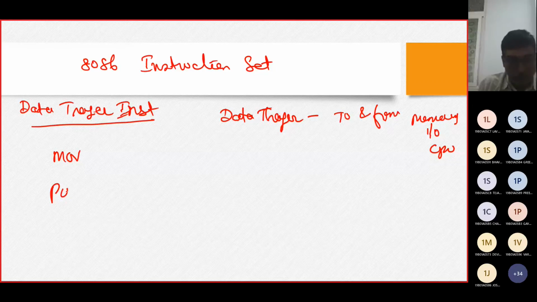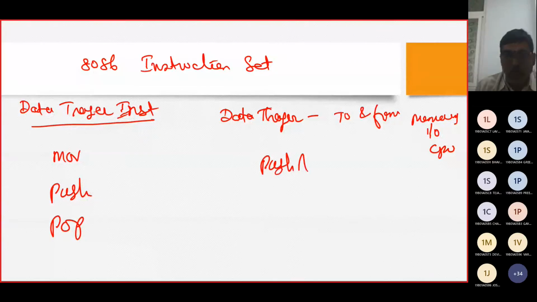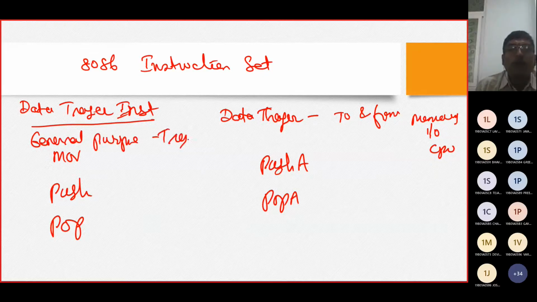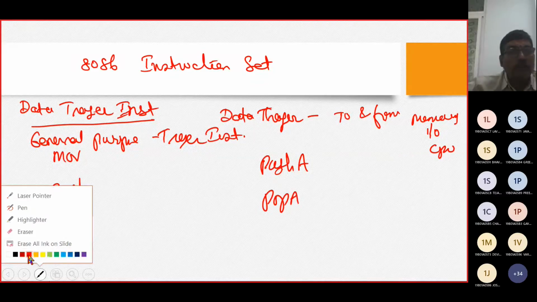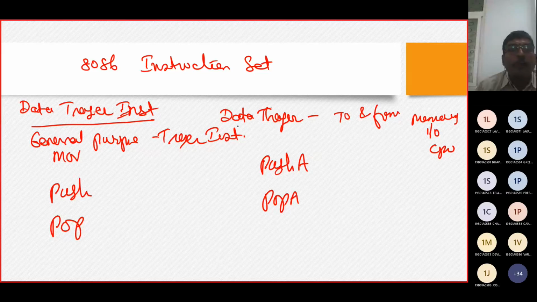Second thing will be push. Third thing will be pop. Fourth thing will be push A and pop A. These 5 instructions we are going to call general purpose transfer instructions.